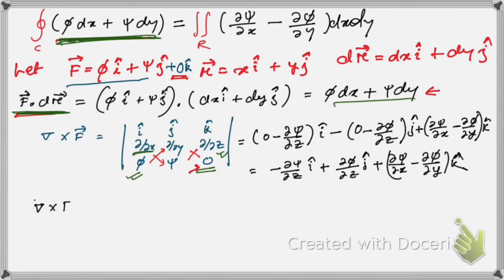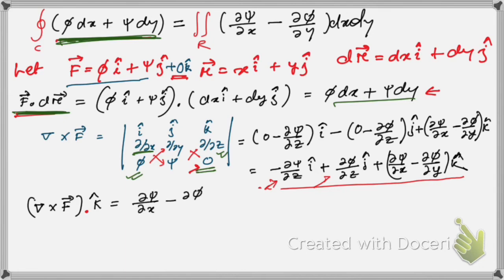Now you can see the curl of F dot k cap: i dot k and j dot k are 0, and k dot k is 1, so we're going to get only this result, del psi by del x minus del phi by del y. So this result is nothing but this part of the theorem.